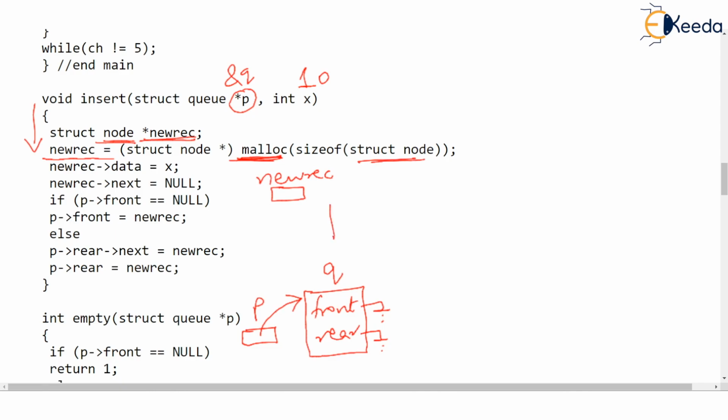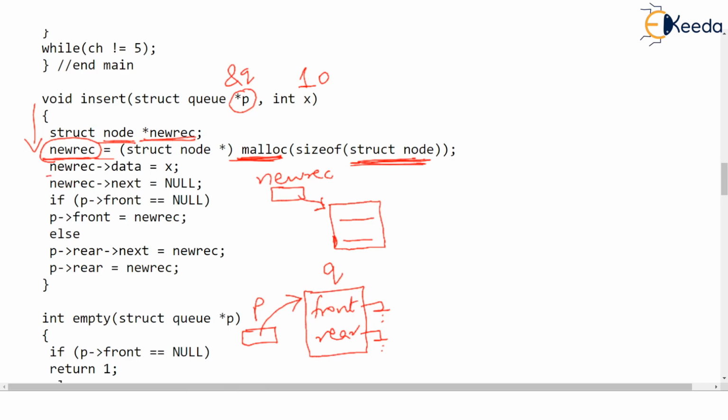So somewhere in the memory, a new node is allocated. And the newrec pointer on the left of this assignment statement will point to this new node. What that means is this new node has two members, isn't it? Data and next. Don't forget that.